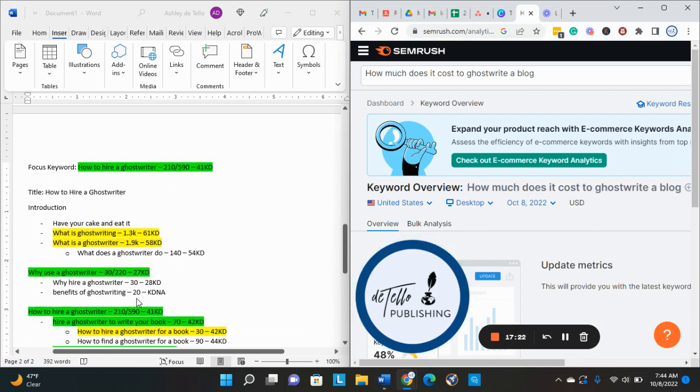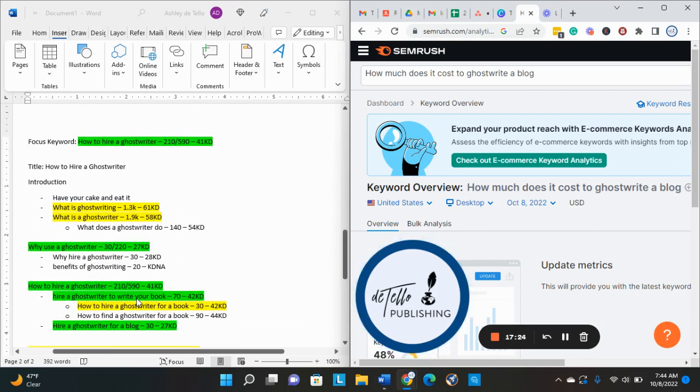When you are in WordPress or another site, you can select your focus keyword. This is the one that you want to get in there at least 4 times per every 1,000 words, preferably a little bit more. You don't want to over-optimize, but you do want to use it enough that Google's algorithm can see, oh, they're using this keyword, I should show people who want to know how to hire a ghostwriter this article, because they talk about it a lot.